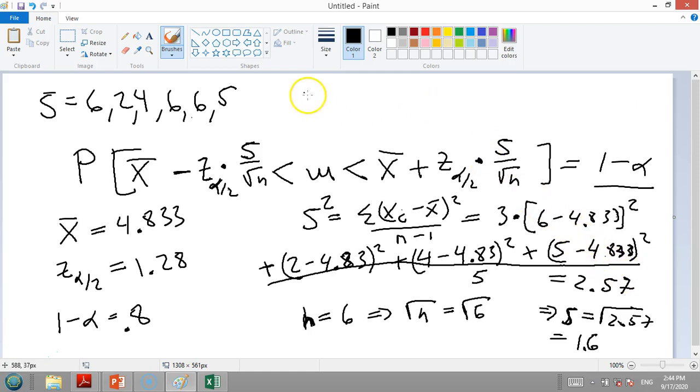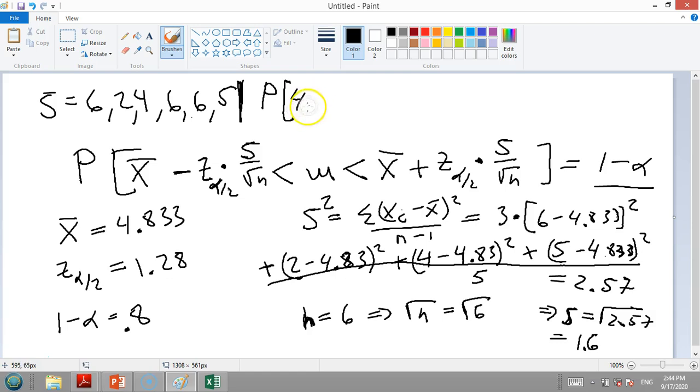Let's put the answer here. What is the confidence interval? You just put in the numbers that you got.